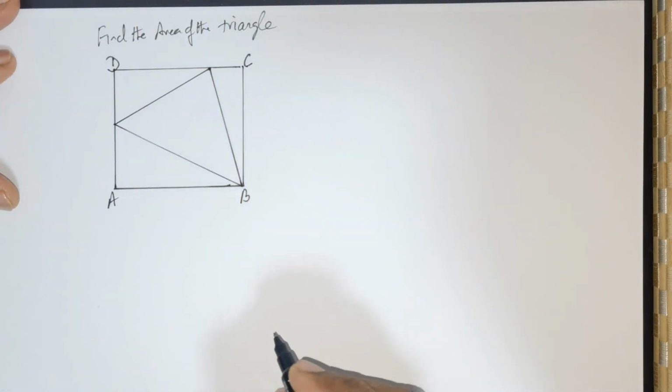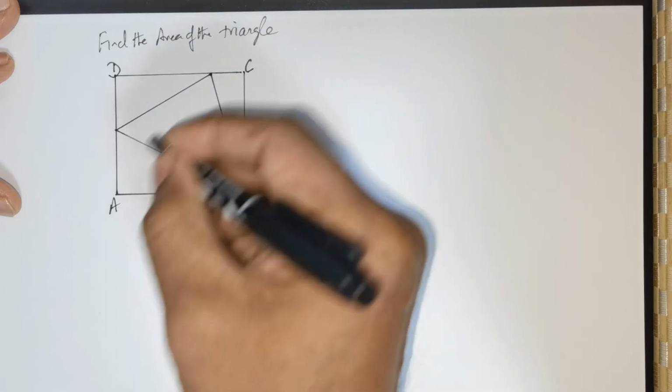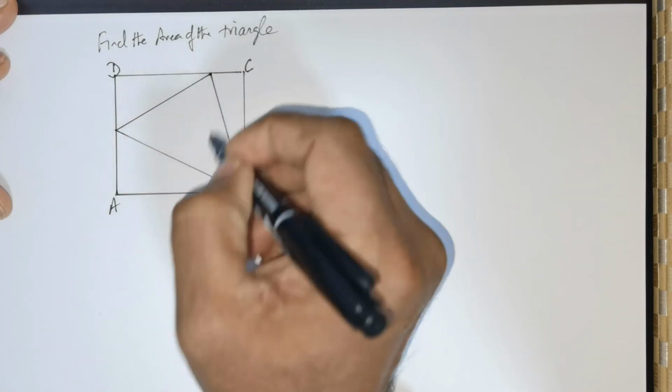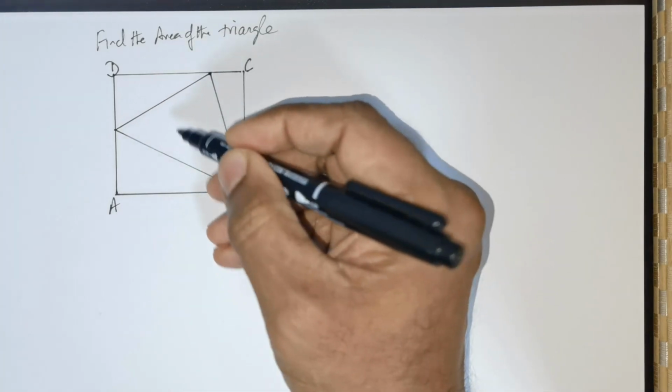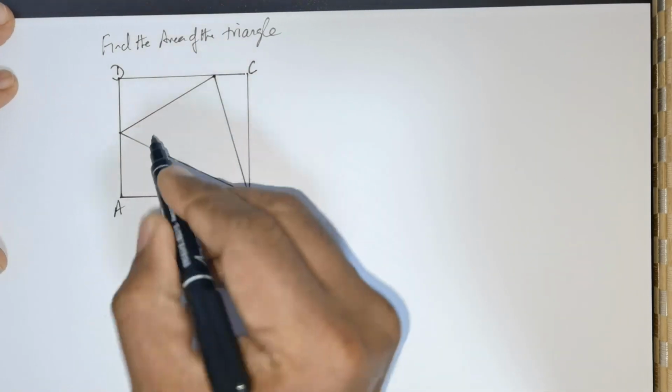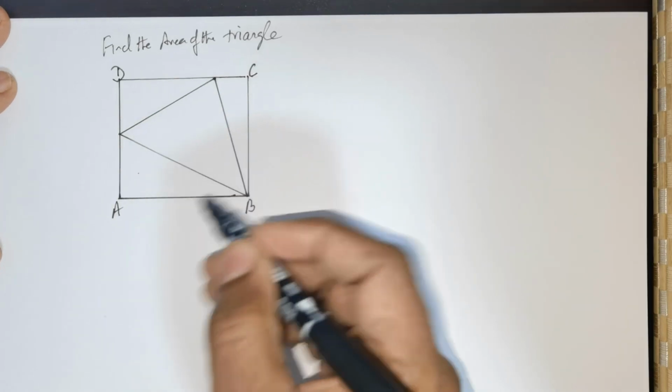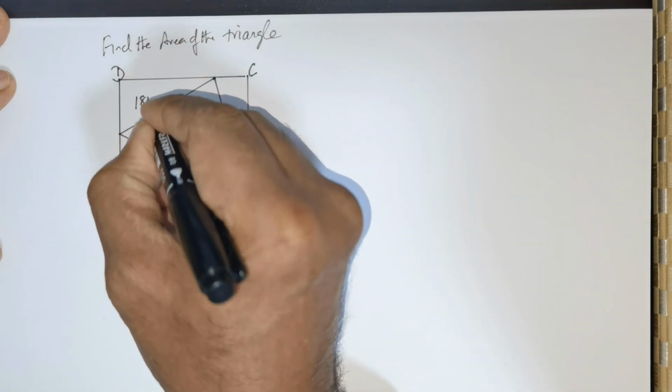Okay, now we are expected to find the area of this triangle. We've been given the areas. You have a triangle here, a triangle here, a triangle here.